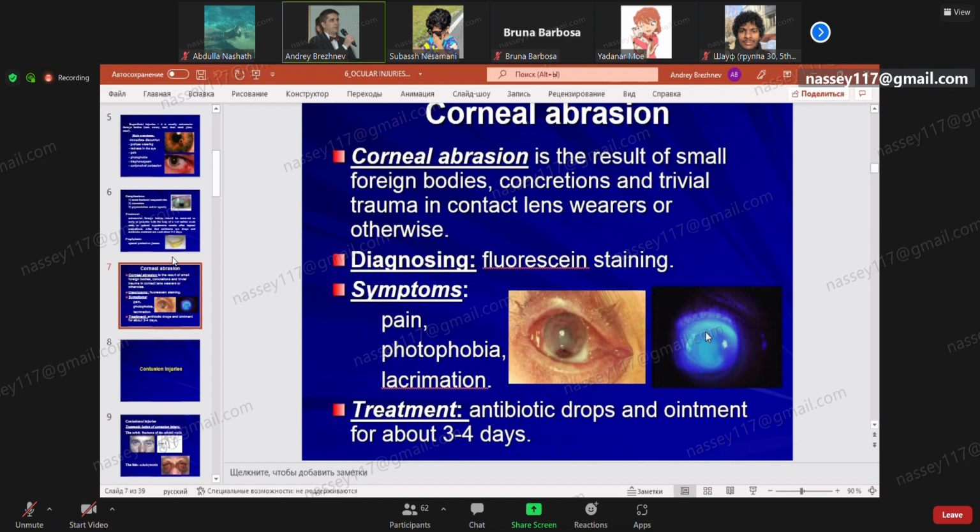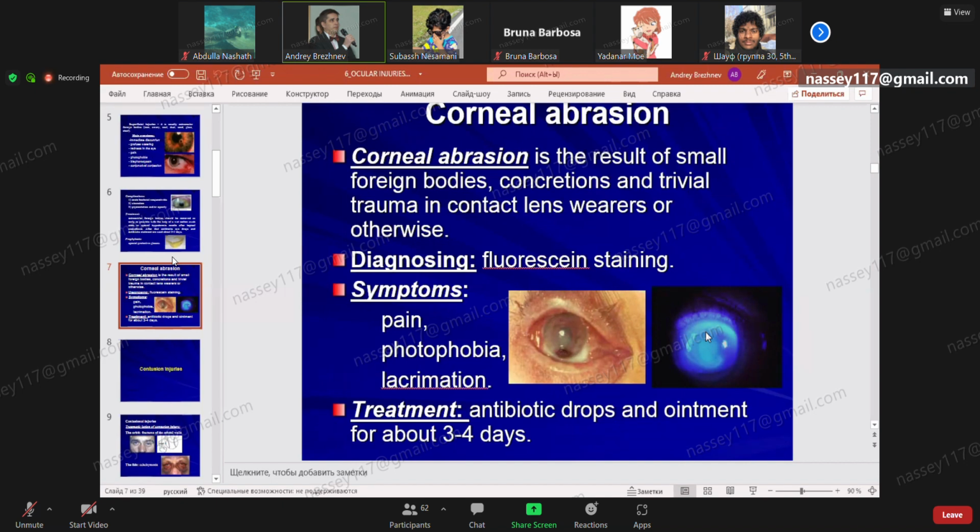Usually we can see spontaneous reepithelialization during the first 2-3 days, and then we can see the normal cornea. We use antibiotics just to prevent secondary inflammation, secondary infection.